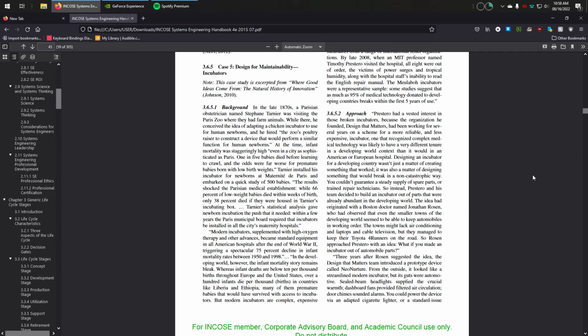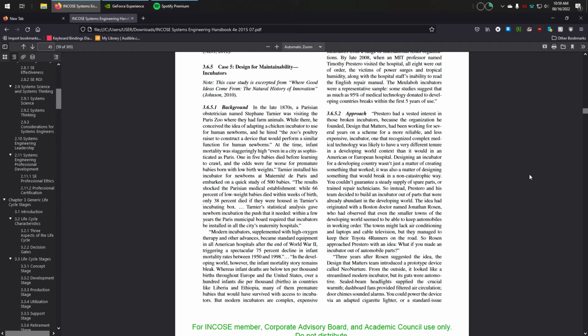3652 Approach. Prestero had a vested interest in these broken incubators because the organization he founded, Design That Matters, had been working for several years on a scheme for a more reliable and less expensive incubator that recognized complex medical technology was likely to have a very different tenure in a developing world context than it would in an American or European hospital.